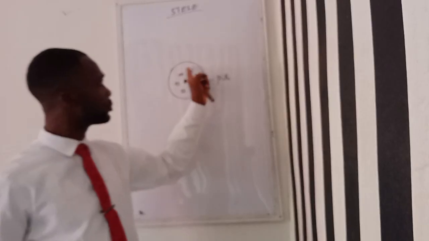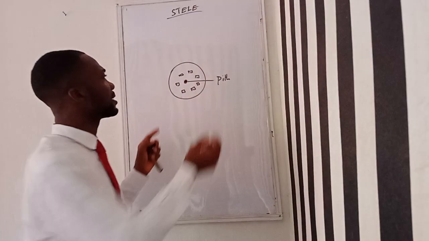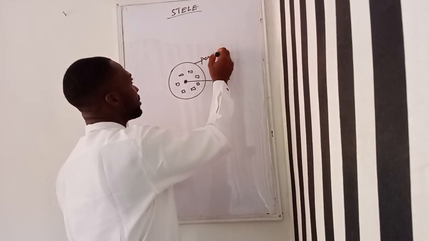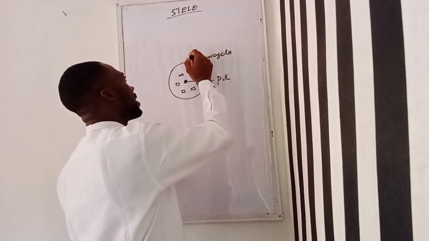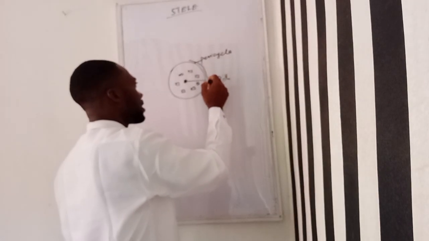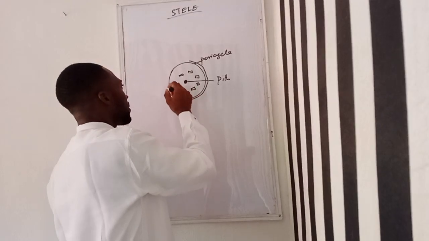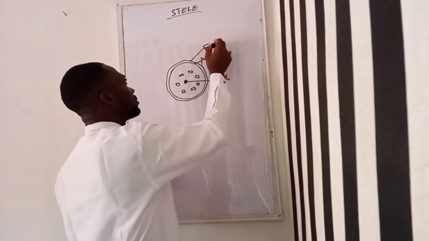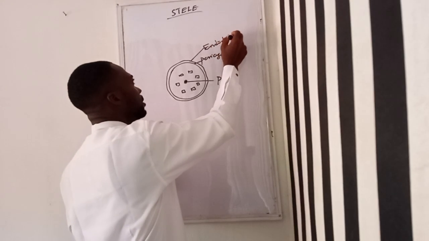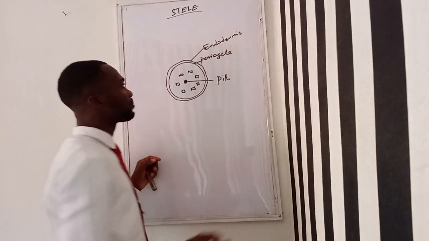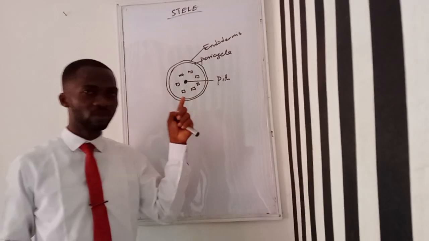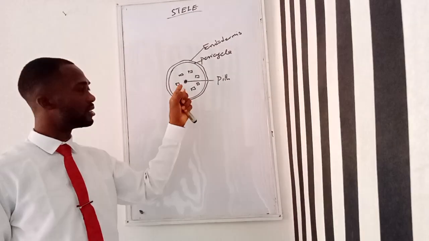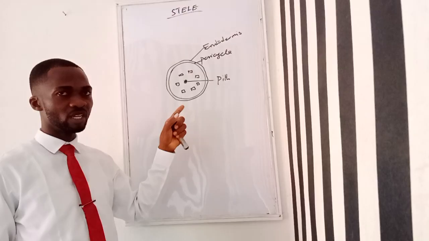These tissues end at a region called the pericycle. This pericycle is then surrounded by another tissue called the endodermis.